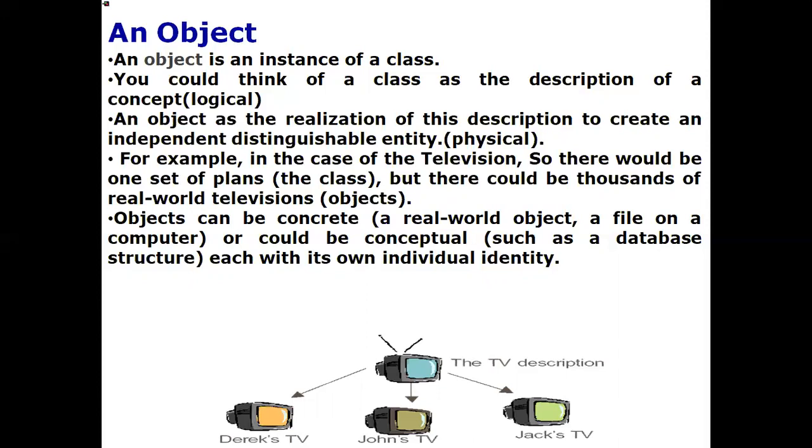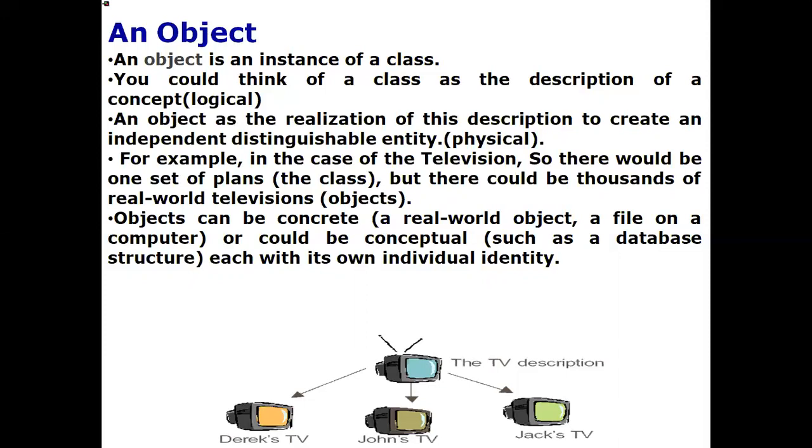That is 5 feet 9 inches. What is the height of Amit? That is 6 feet. So person is a class having two instances, Amit and Sumit, two objects which physically show the attributes and behavior of class person. Okay, I think you got the meaning of class and object.